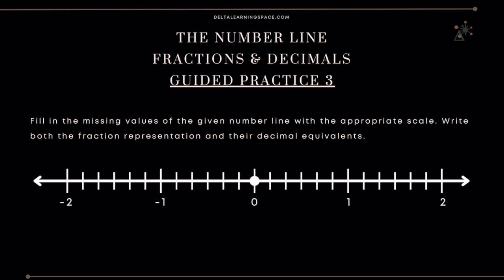Let's do some practice. Here, the question is asking that we fill in the missing values of the given number line with the appropriate scale, and to write both the fraction and decimal equivalent. And so to do this, I count the spaces, and I have 6 spaces in between 0 and 1, meaning that my number line is cut into 6, or scaled into 6.